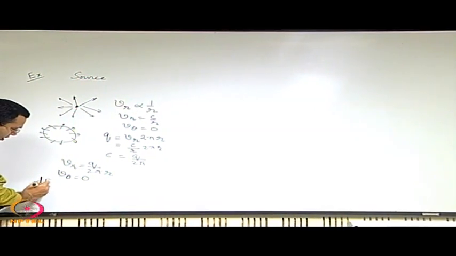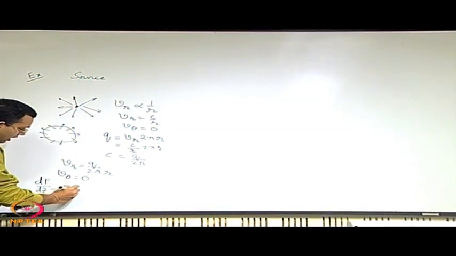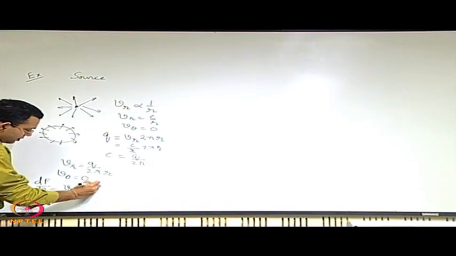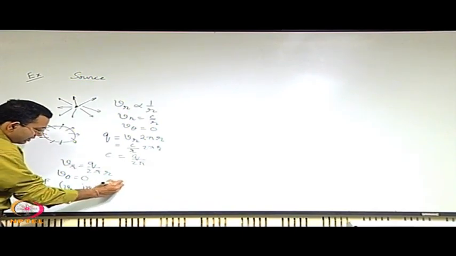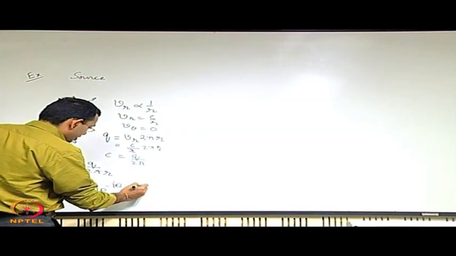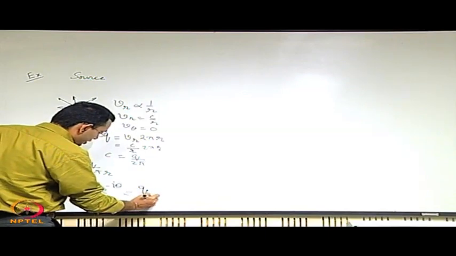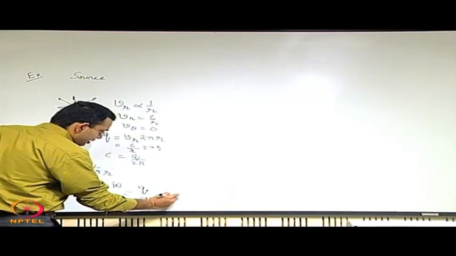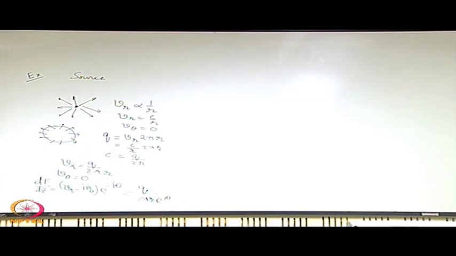Remember df dz is Vr minus i V theta into e to the power minus i theta, right. So this is q by 2 pi r e to the power i theta, right.